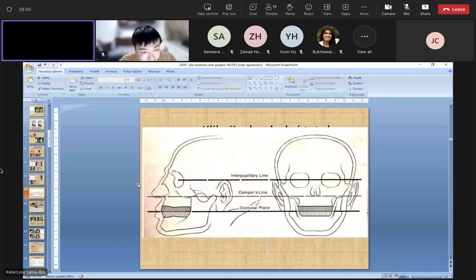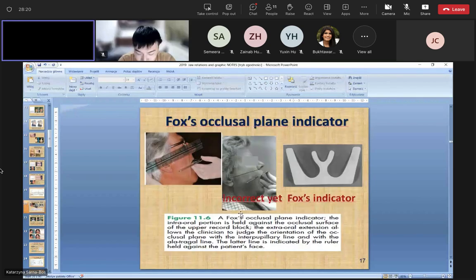Sometimes we can do that using the Fox occlusal plane indicator. What does the Fox indicator look like? Here you see the intraoral portion.